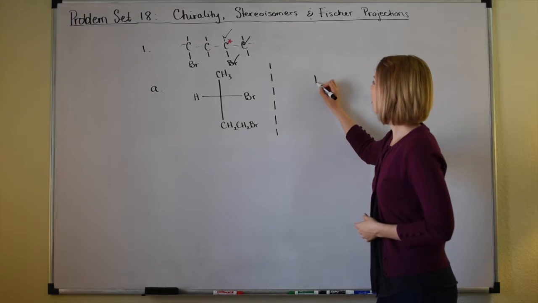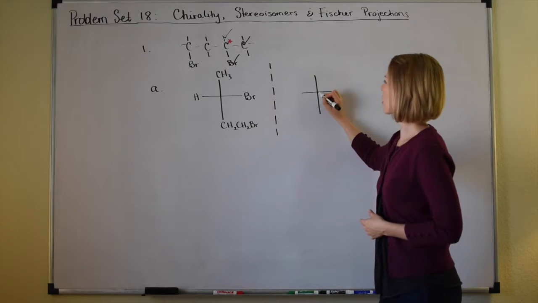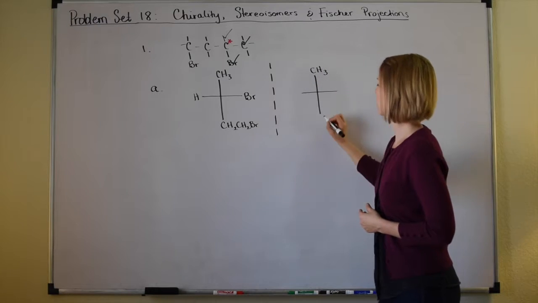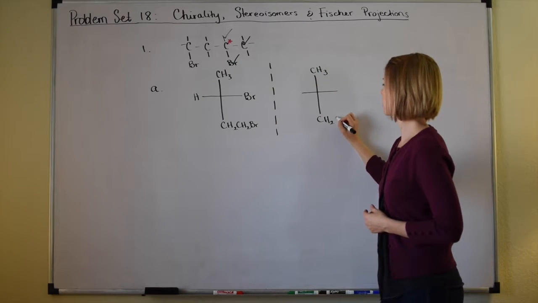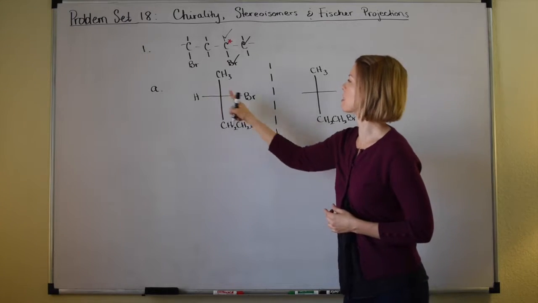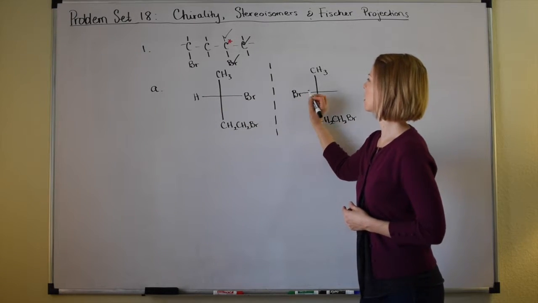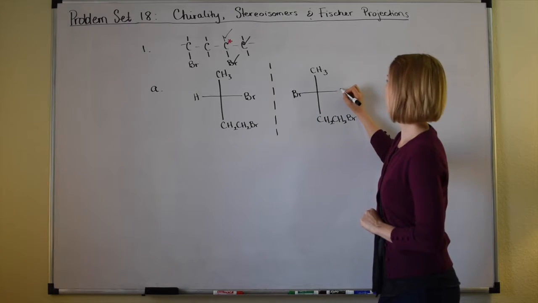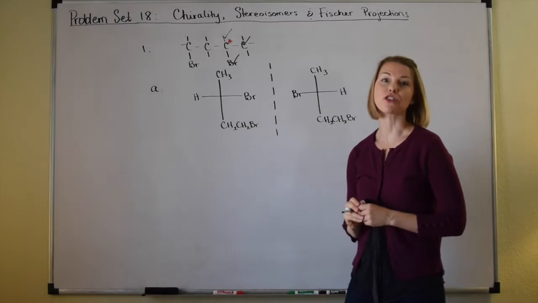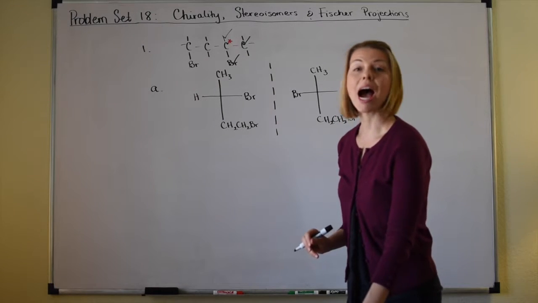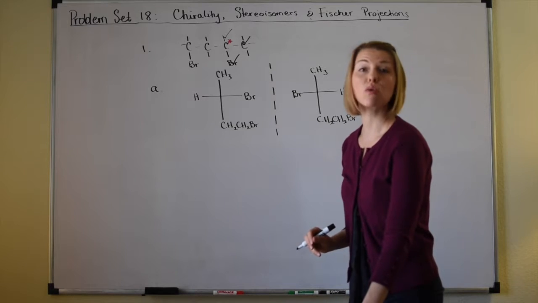We just draw our chiral carbon and keep everything the same, except we're going to make this a mirror, so the bromine is going to be on the opposite side in our mirror image, and the hydrogen as well. So that's part A.